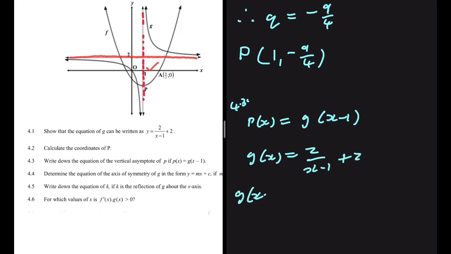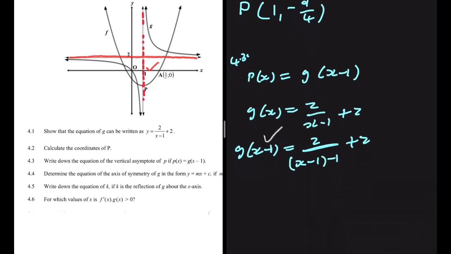So g of x minus 1 will be equal to 2. In place of x, we then substitute x minus 1. Right. So we're going to have x minus 1 minus 1 plus 2.